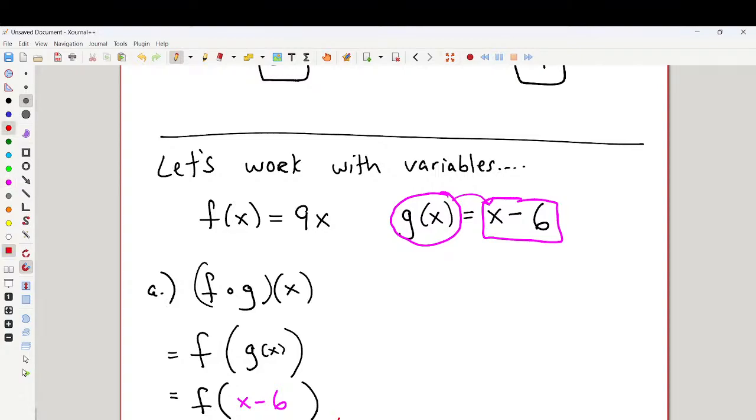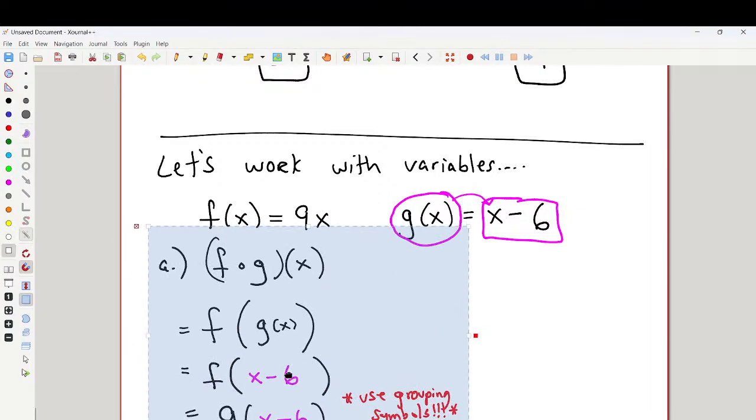So I'm going to make a note. Use grouping symbols. And then just simplify your answer.